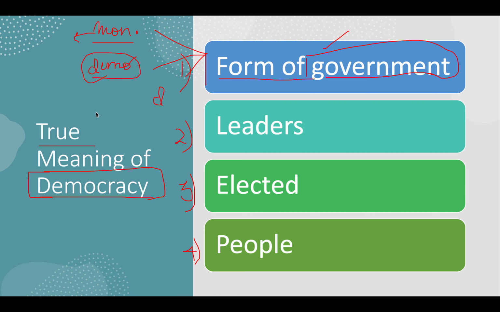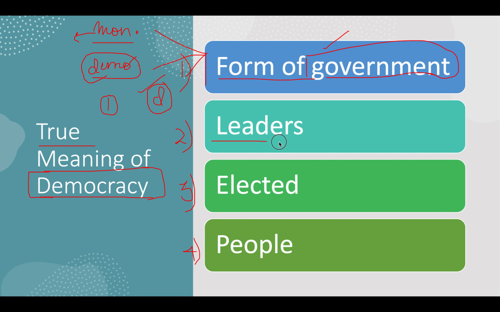Then dictatorship is kind of cruel, where there is only one person taking all the decisions. All the decisions are taken or implemented by one particular person. So we can say that democracy is a form of government among various other forms of government.